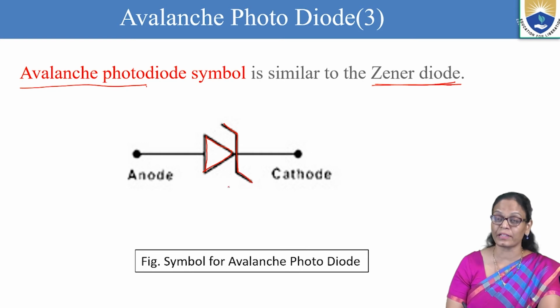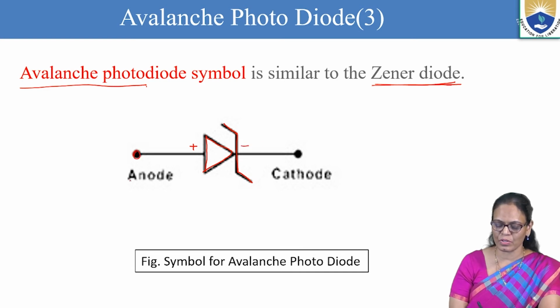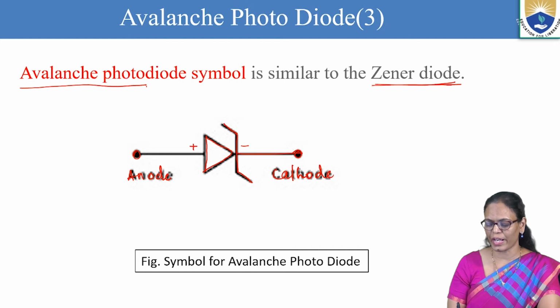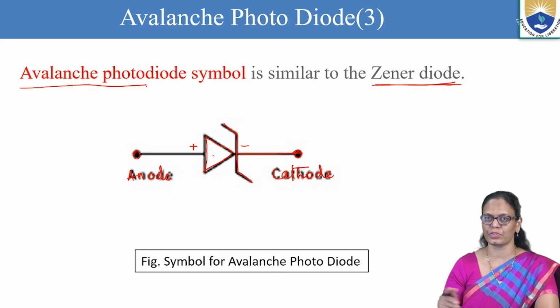This is how it is bent. This side is positive, this is negative. So this is connected to the anode and this is connected to the cathode. This is the symbol we use for the avalanche photodiode in any circuit.